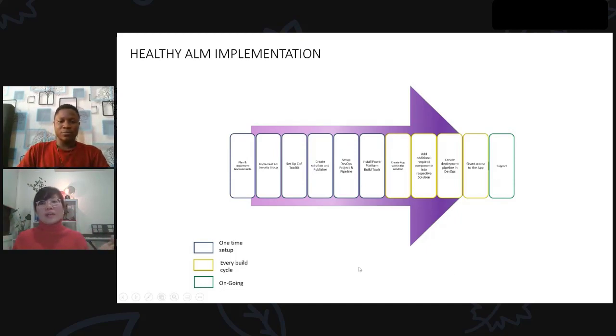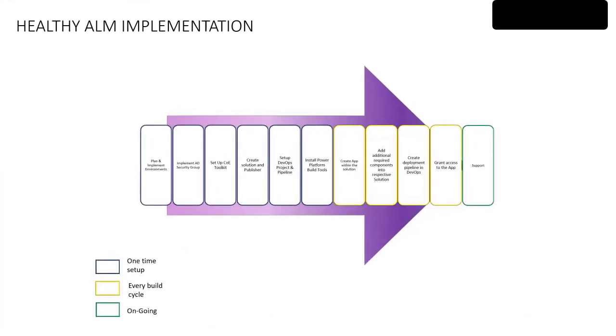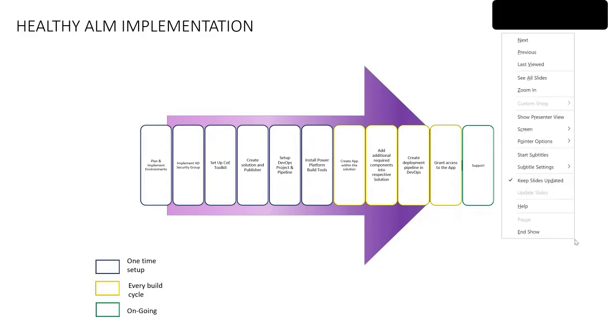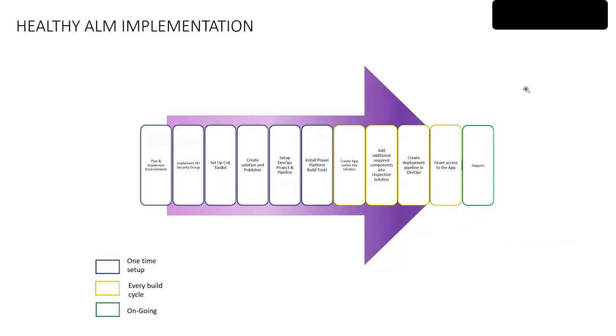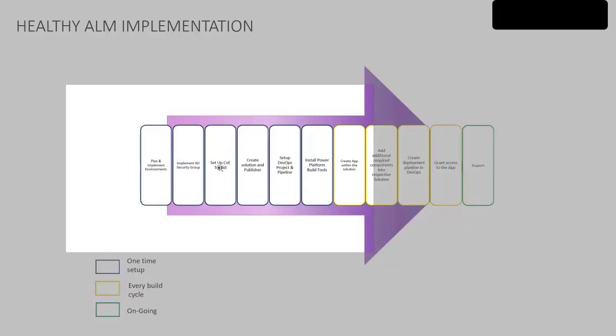The first one is plan and implement your environment, which is what we spoke about previously. That is, plan how many environments you have, whether it's dev, test, UAT, prod or just dev, UAT, prod. So you have to plan it out, create it, and configure it.